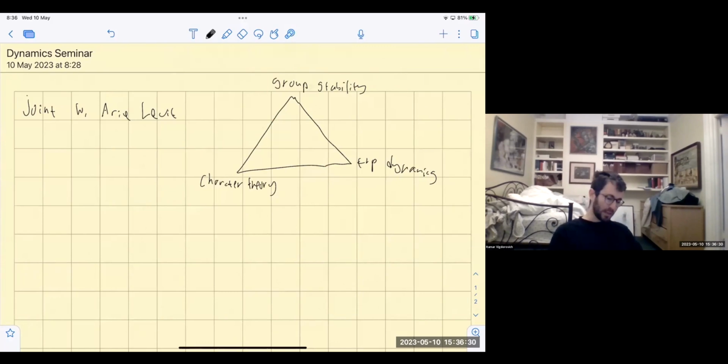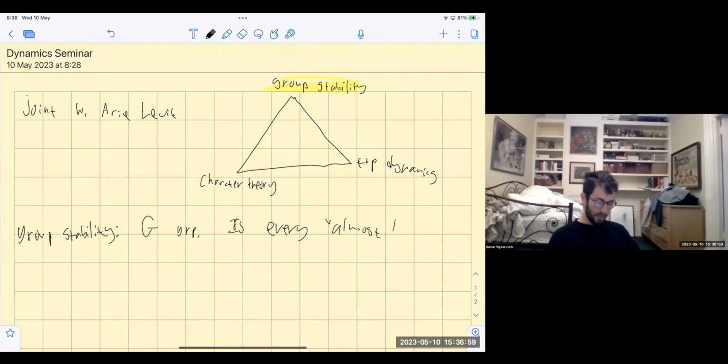Let me try to introduce each of those topics separately first. So group stability basically asks: you have a group G, and I'll keep it vague for the moment, but at some point I will define almost homomorphism.